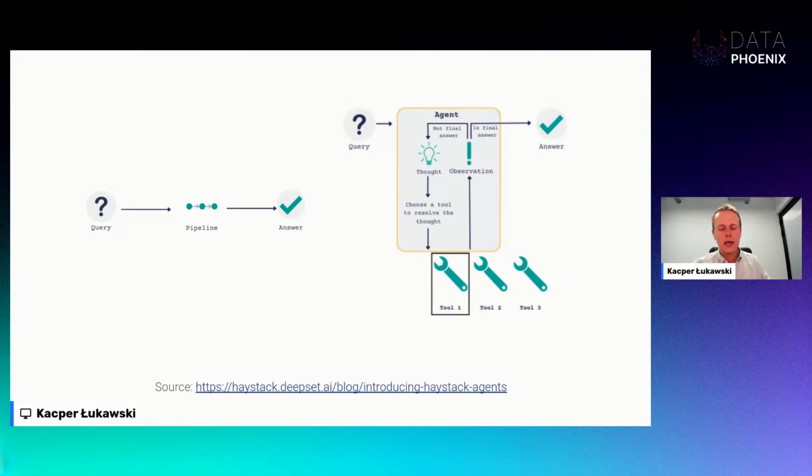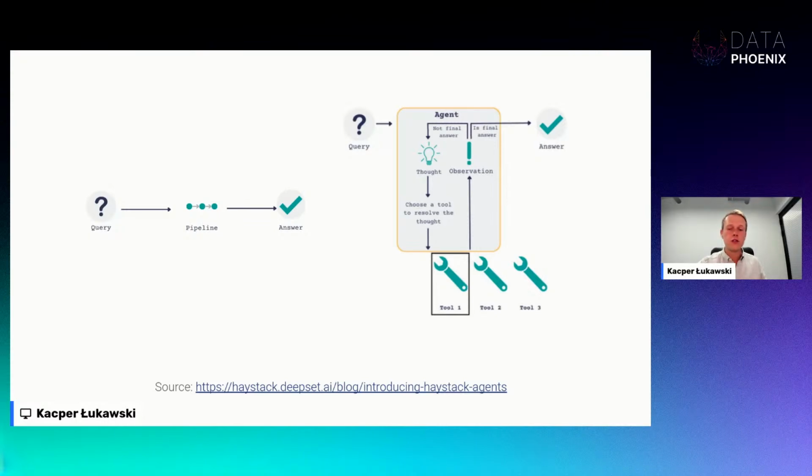Deepset, the company behind Haystack. And a pipeline is a fairly simple process that takes a query and provides an answer. But with agents, things are not that easy because agents perform this reasoning loop, this reasoning scheme. So they try to provide the final answer, but here the processing is rather iterative.